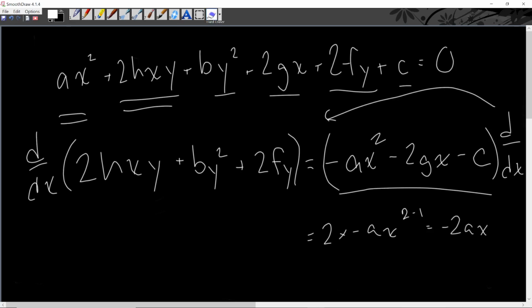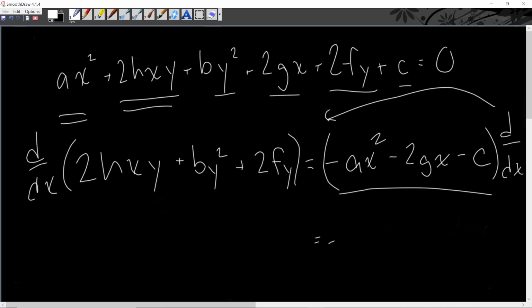I am going to do most of these without showing every step. I was about to say n times x to the n minus 1 is relatively ingrained in our heads, but it doesn't hurt to think about it.